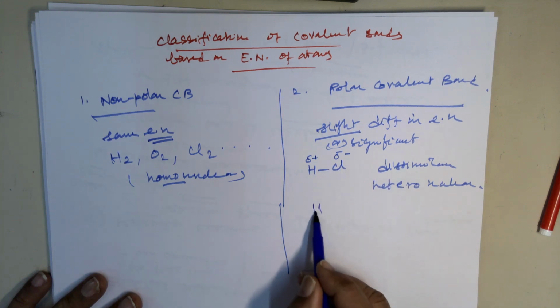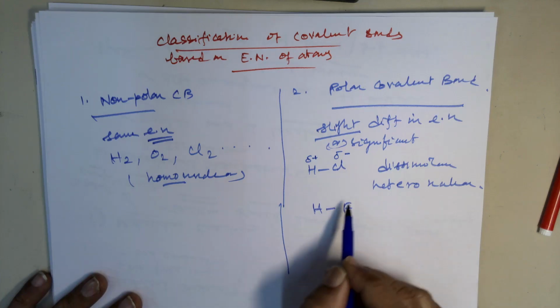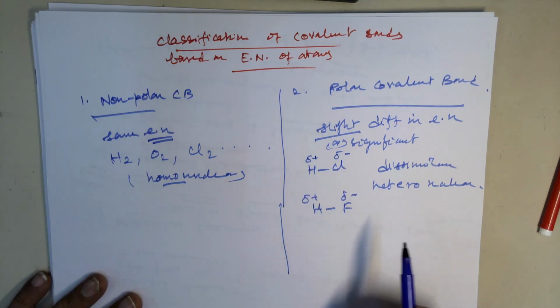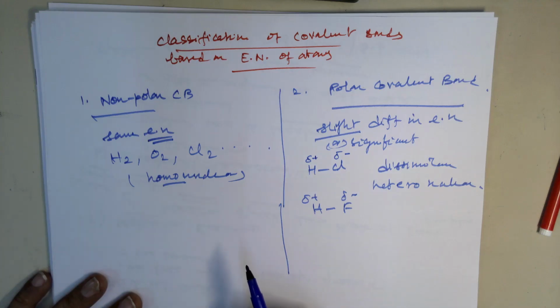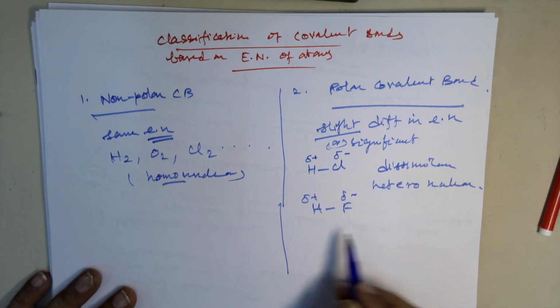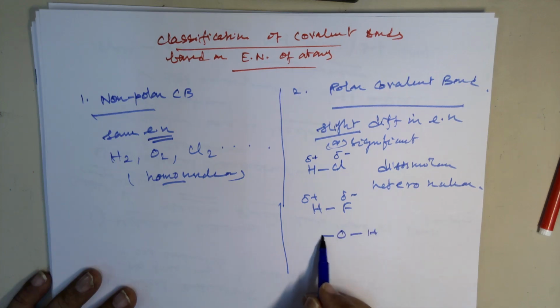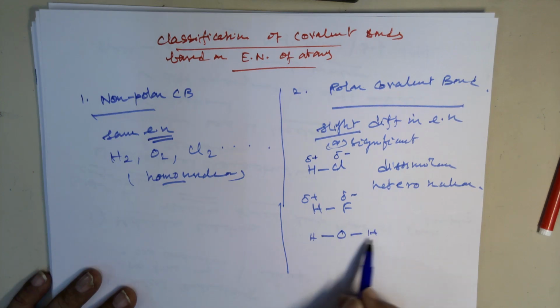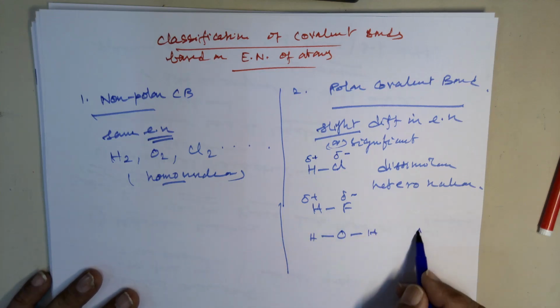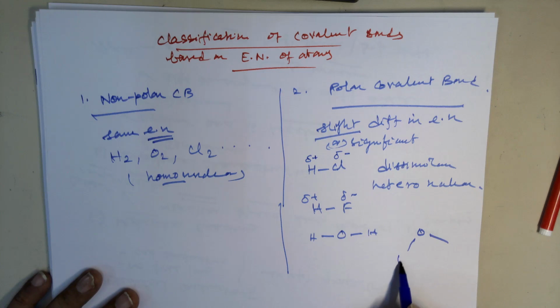Similarly, in HF, fluorine is more electronegative than hydrogen, so now there is a partial polarity here. Similarly, you can even take water. H2O is not linear as we mistake it to be; it will be triangular, bent. We will discuss the shape of water in detail later.